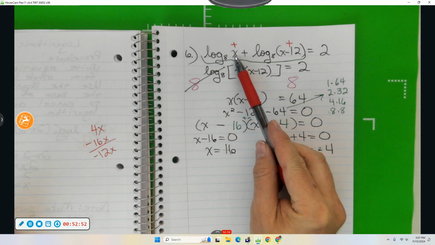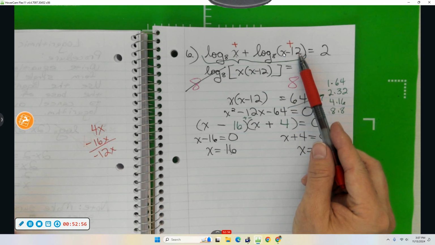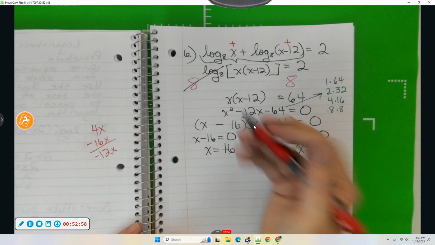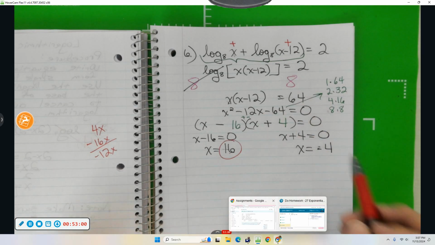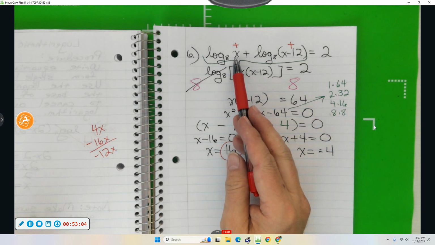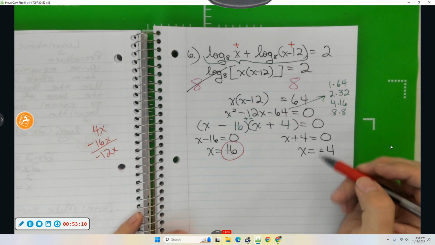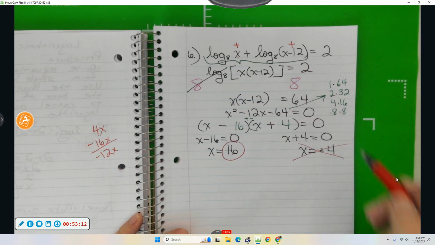Put a 16 there, that's positive. 16 minus 12, is that positive? So 16's an acceptable answer. What about that negative 4? Right off, you put a negative 4 there, is that positive? Negative 4 minus 12 isn't positive either.